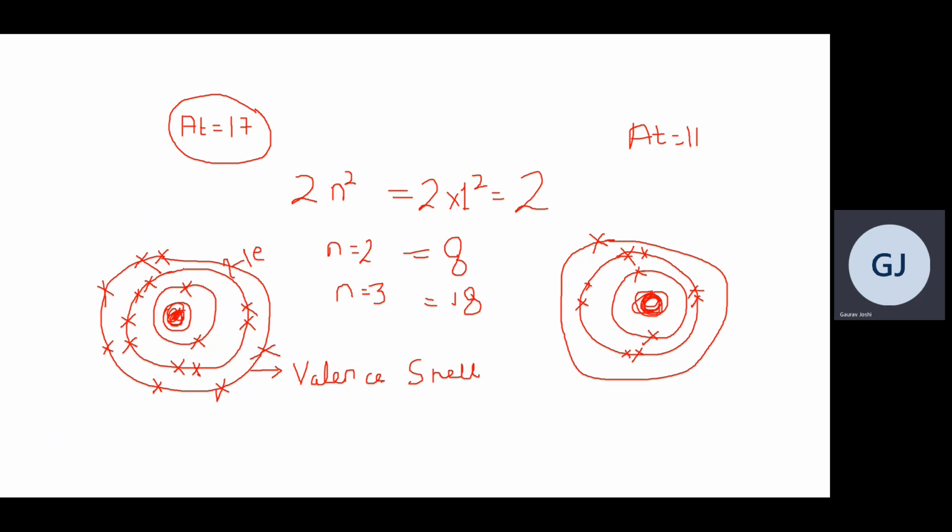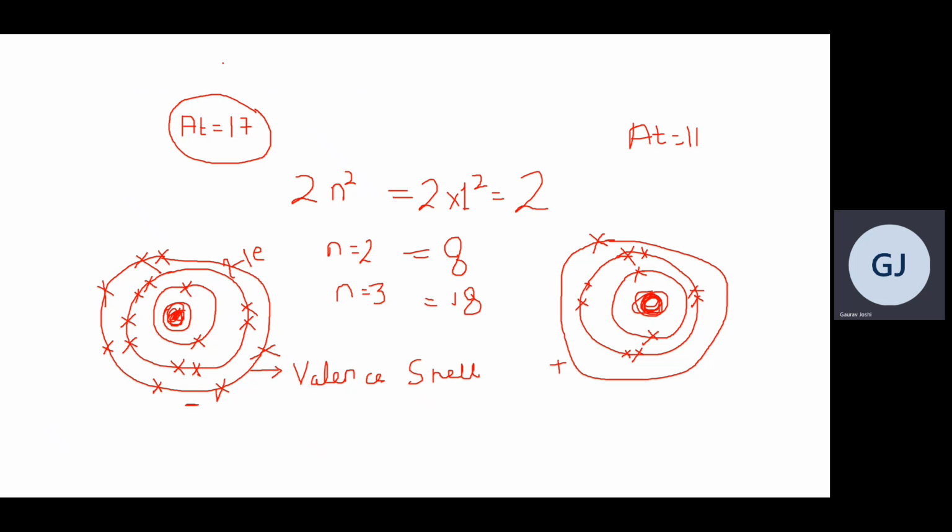For example, atomic number 17 is chlorine. This chlorine can accept this electron to complete its octet. All those atoms that accept the electron are called electronegative atoms. So this will be the electronegative atom and this will be the electropositive atom.